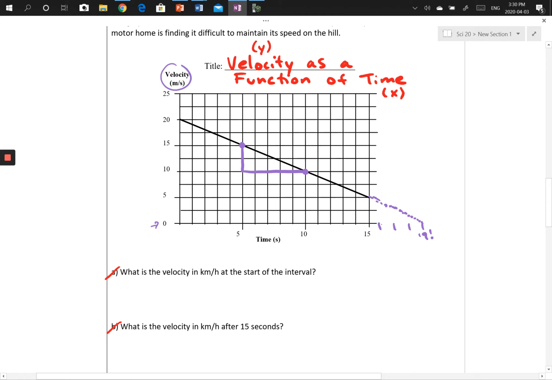Okay, so we're looking for a rise over run. And so my rise is this change in the y value right here. For this one, I have my x1 and my y1, and over here I have my x2 and my y2.